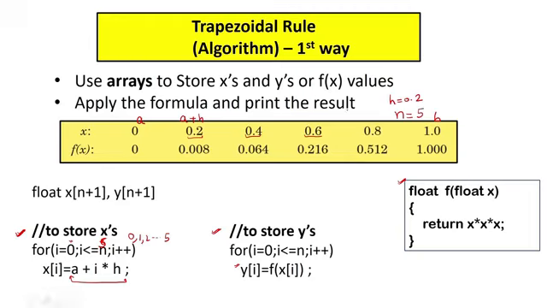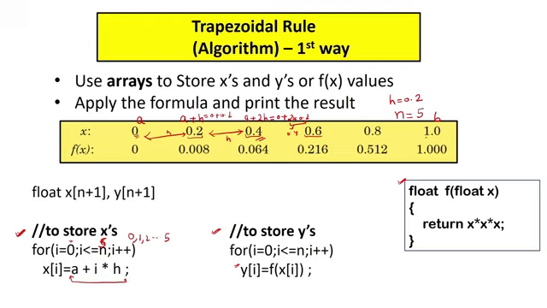So a plus h becomes 0 plus 0.2, that means 0.2. And 0.4 is again at a gap of h from 0.2, but at a gap of 2h from 0. So 0.4 can be written as a plus twice h, that means 0 plus twice 0.2. So this is your 0.4, and so on.